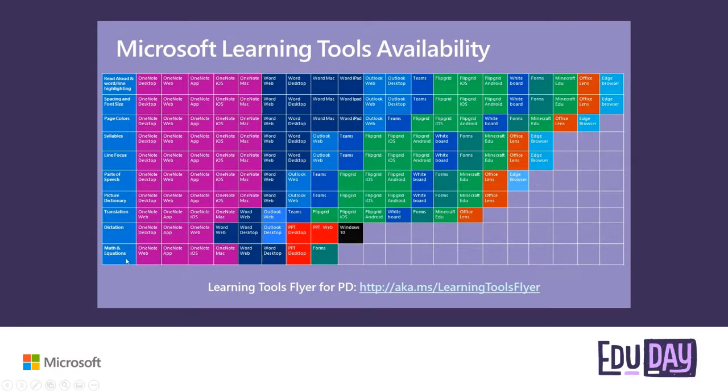Things like the maths and equations are starting to come along there, and very exciting to hear that PowerPoint is going to be getting Immersive Reader very soon. So that's a good one to have a look at and check what is available on different platforms and apps.